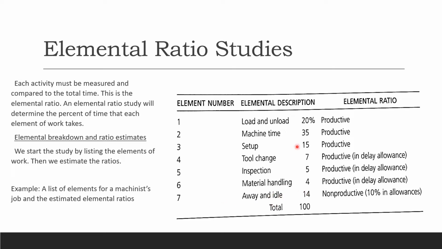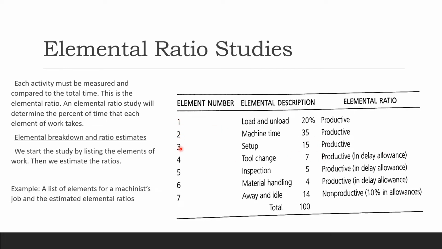Altogether, we have estimated each work element. These are just estimations: ratios of 20, 35, 15, 7, 5, 4, and 14. If you add them all up, you're going to get 100%. Now we're going to take a look at productivity.